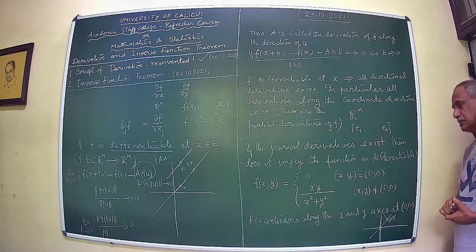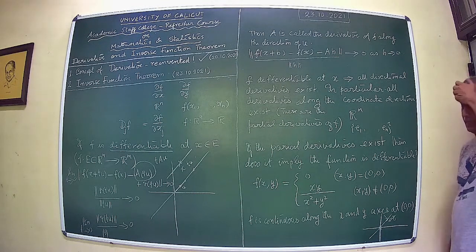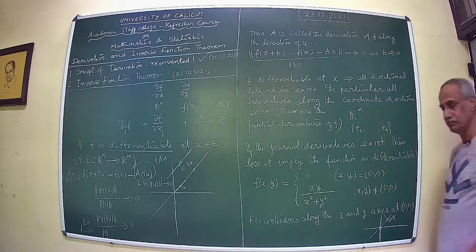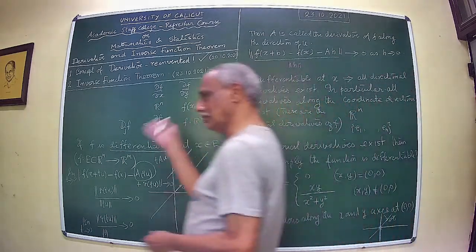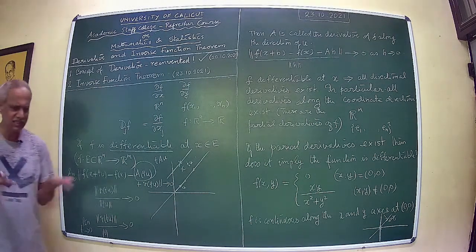Whereas, if a function is differentiable at a point, then all the partial derivatives exist. That inference you can make. In fact, all derivatives along all radial directions would exist because the function is differentiable.